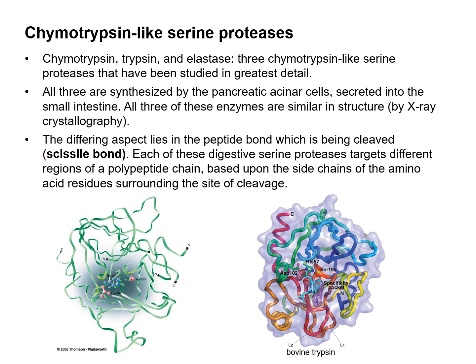Each of these digestive serine proteases targets different regions of the polypeptide chain based upon the side chains of the amino acid residues surrounding the site of cleavage. So there are critical parts here that are highly conserved, but depending on the other residues around them in the active pocket, there are different substrates that they interact with.